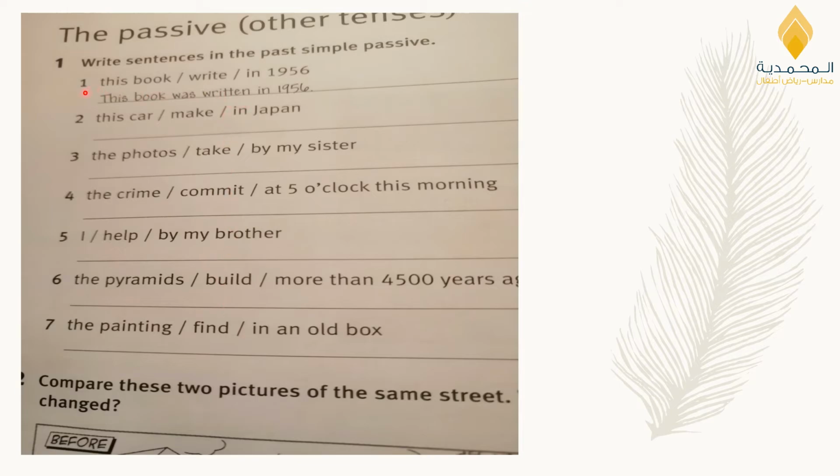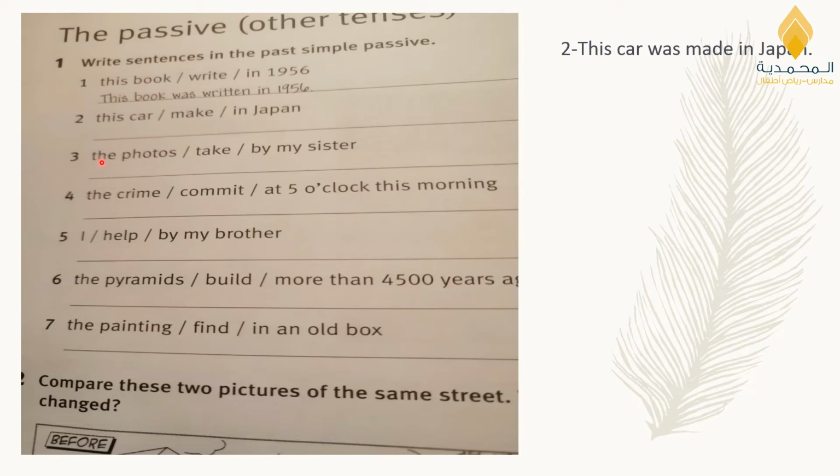Let's read number 1. This book was written in 1956. 2. This car was made in Japan.